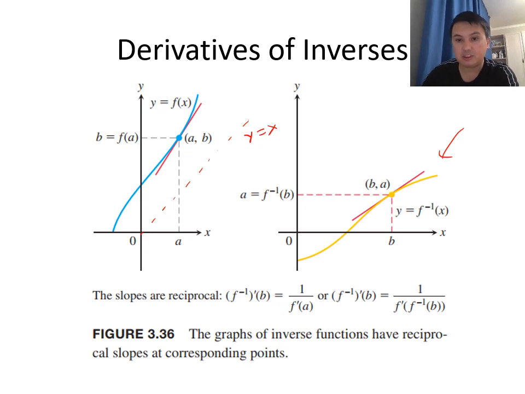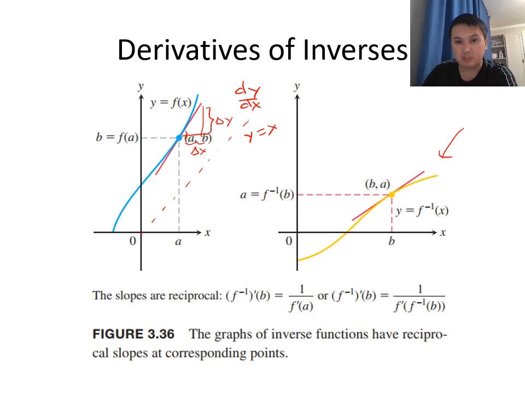So how does this affect the slope, the derivative? Well, what was the original derivative? You remember, the slope is the difference in y divided by the difference in x, delta y over delta x. So in the limit, it gives you dy dx.